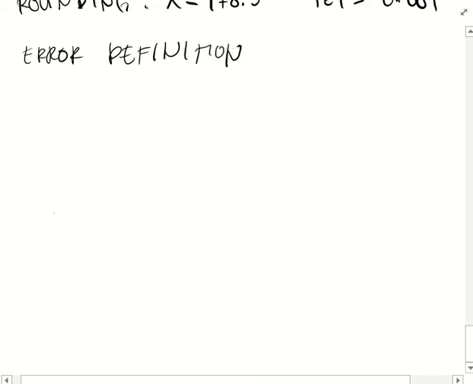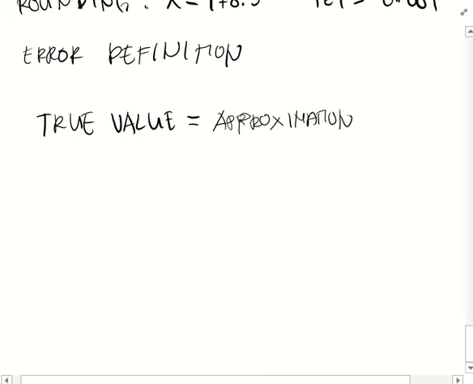If you have a true value, the exact value, the true value is just equal to the approximate value plus the error. Because of approximating the true value, there's always an error included.